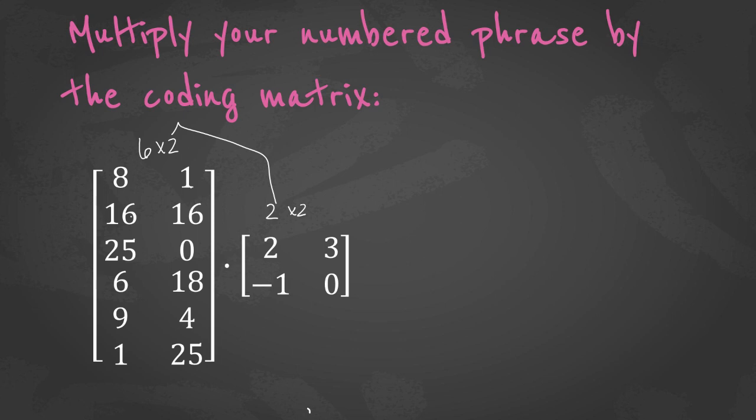Now, because this is a 6 by 2, I would really recommend that you use your graphing calculator to multiply this, because doing it by hand is doable, but kind of a pain. It can be just a little bit easier if you use your graphing calculator. So let's enter this in. And then remember, we want to enter our coding matrix as well. And this is a 2 by 2.